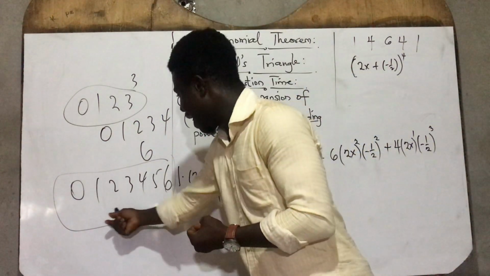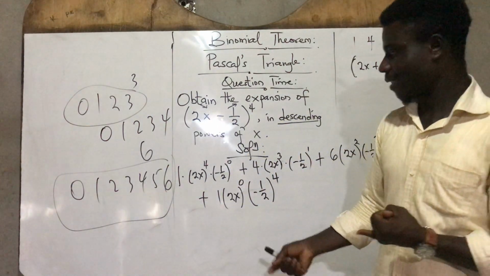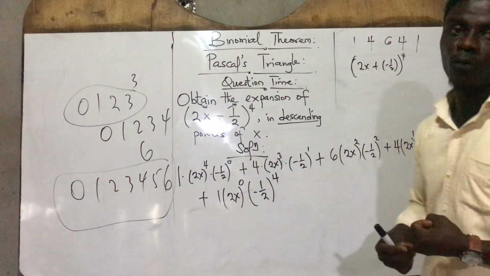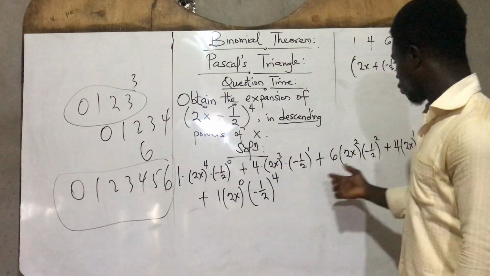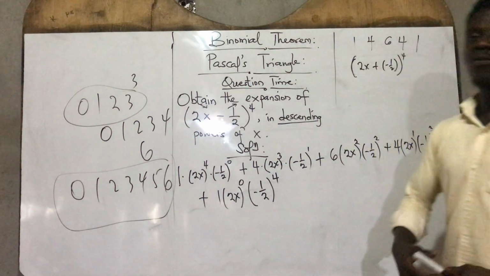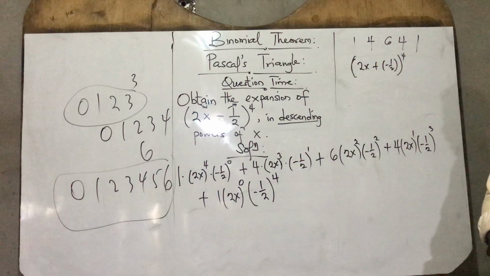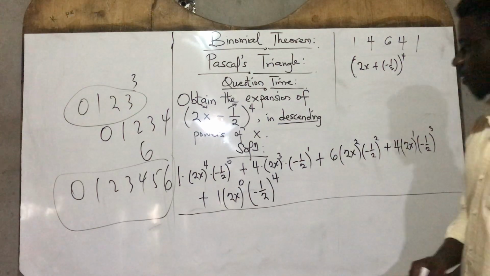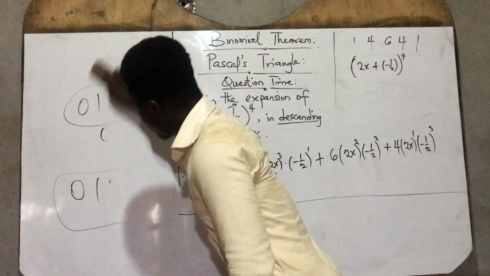That's the reason why we are getting the number of terms as that. Okay, so now I have 1, 2, 3, 4, then 5 terms. So now we have to simplify. Let me clean the board.